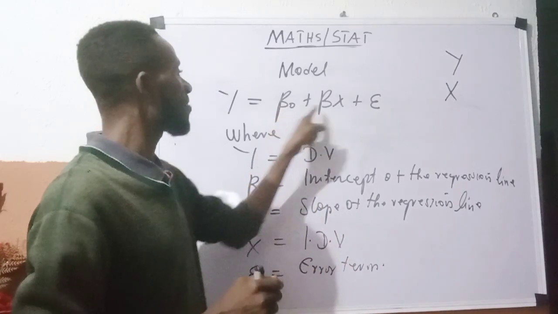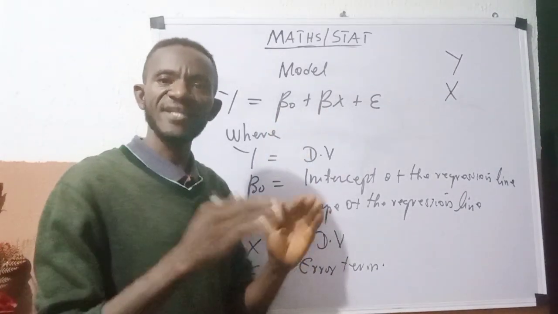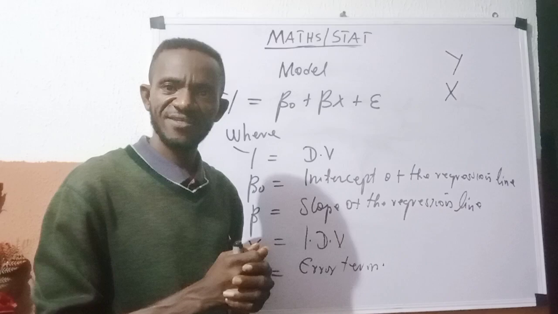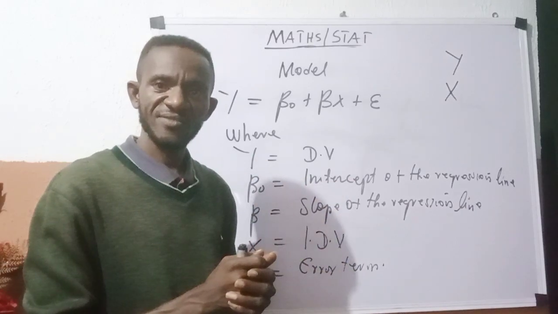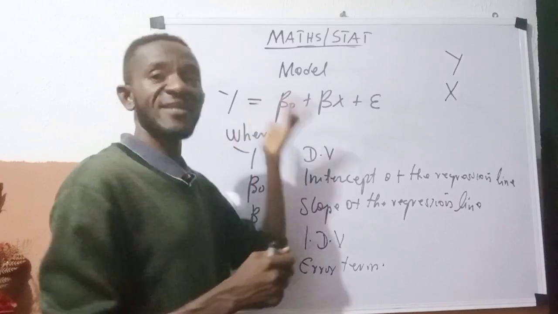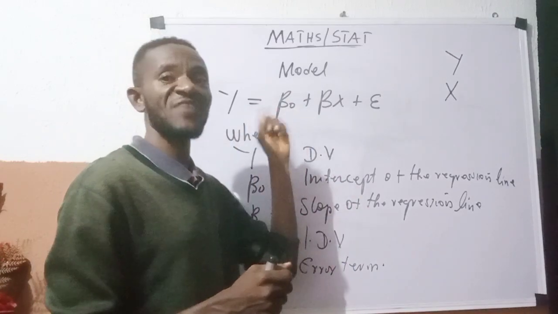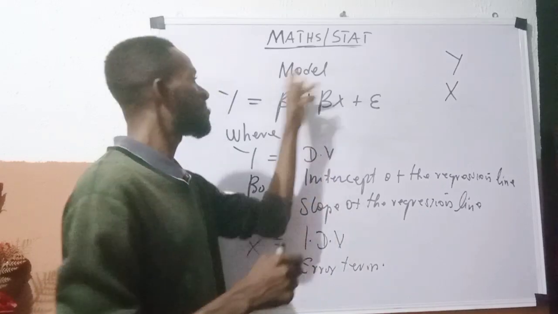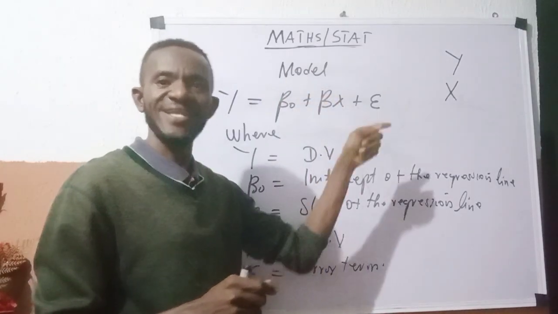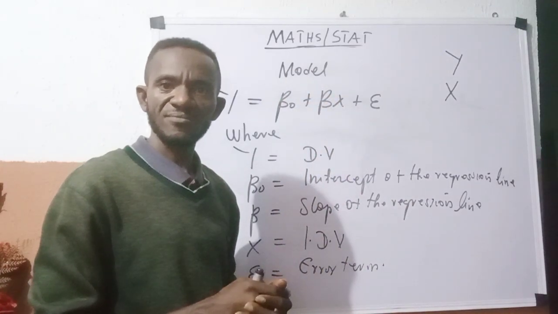And these beta 0 and beta 1 are called the regression parameters. So when they talk about regression parameters, they are making reference to beta 0 and beta 1. This is the model for simple linear regression.